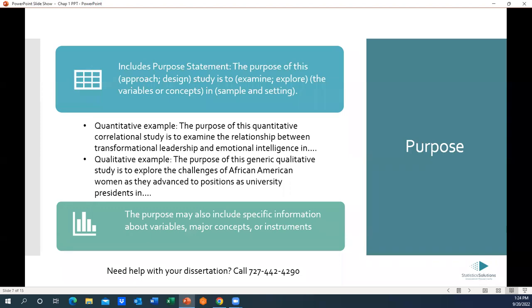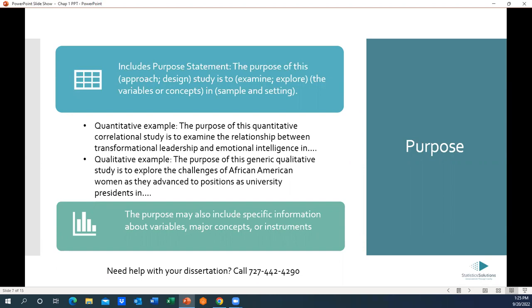It's got your approach, your design, what you're looking at, and in what people and what setting. The qualitative example is similarly constructed. It just has a different verb. I used explore there because some qualitative studies tend to be more exploratory.